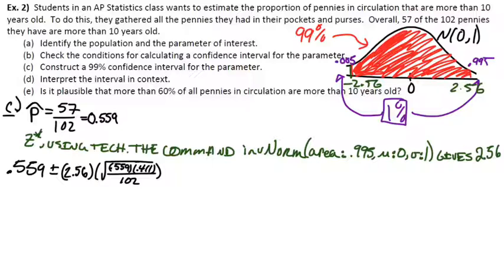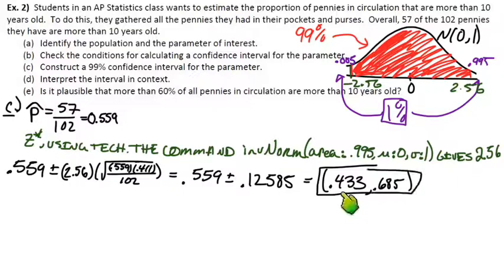Okay, and if we calculate the margin of error here, multiply 2.56 times the square root thing, we've got 0.559 plus or minus 0.12585, so that's our margin of error. So now let's go ahead and add it for our upper bound and subtract it for our lower bound, which gives us our interval of 0.433 to 0.685.